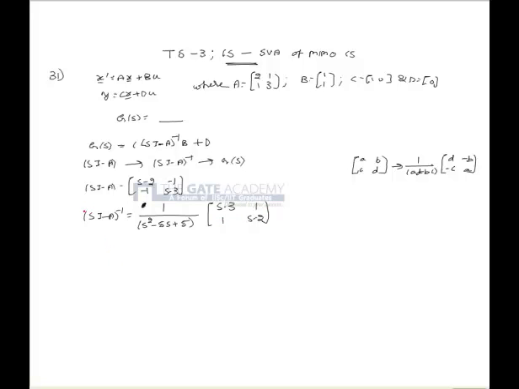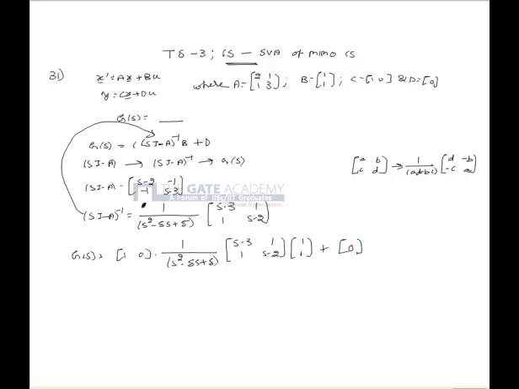Now on substituting (sI minus A) whole inverse, here we can get G of s is equal to C, which is [1 0], multiplied by 1 by (s square minus 5s plus 5), then [s minus 3, 1; 1, s minus 2] multiplied by [1; 1] plus D is 0.